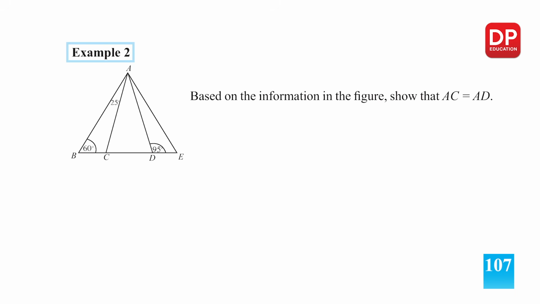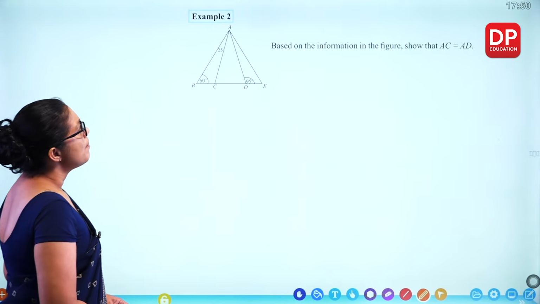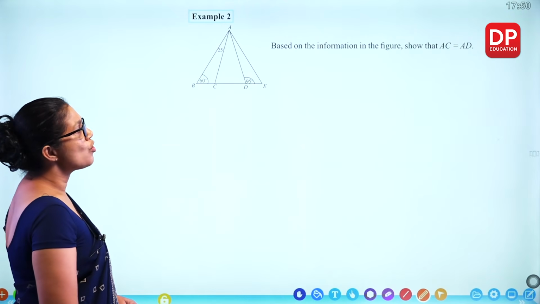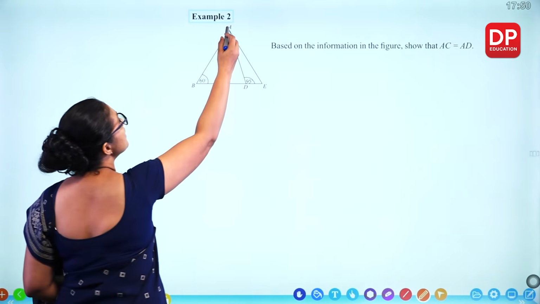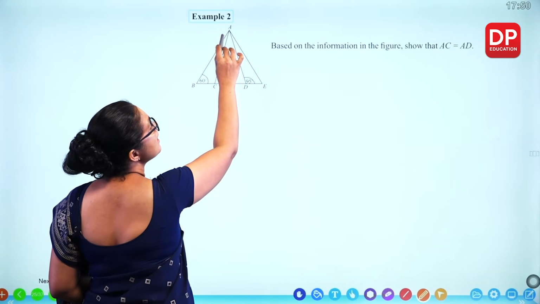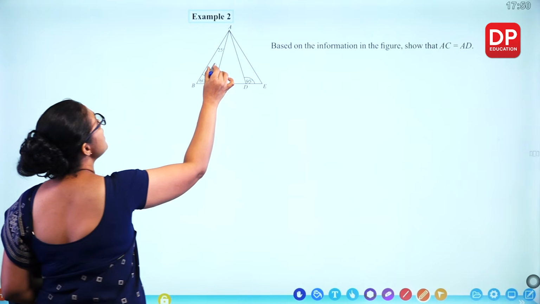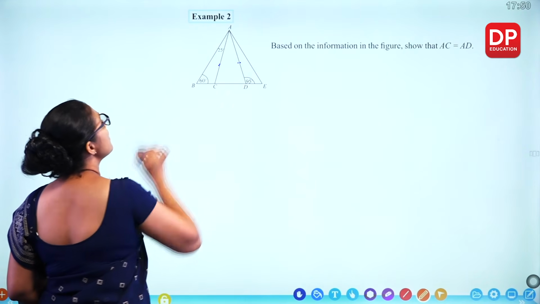So we'll take the second example. Based on the information in the figure, show that AC equals AD. So where's AC? This line. AD is this line. So we need to show these two lengths are equal.